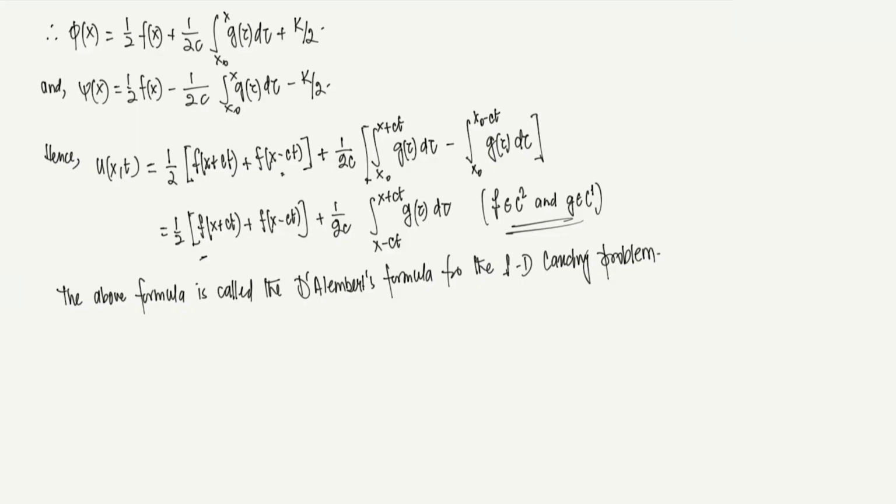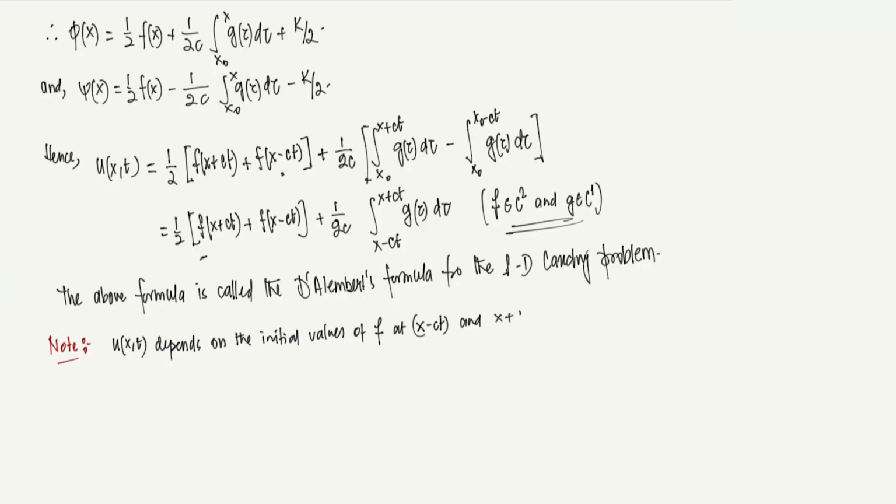Now there is a small note which I want to put here. It says that the value u of x, t, where x, t is a point, depends on the initial values of f at the points x minus ct and x plus ct.